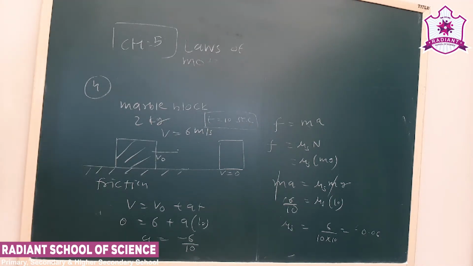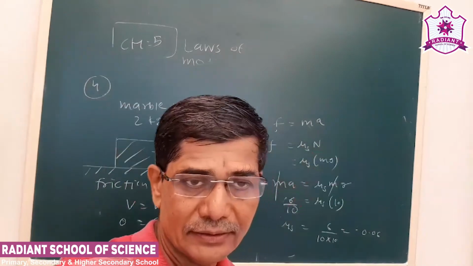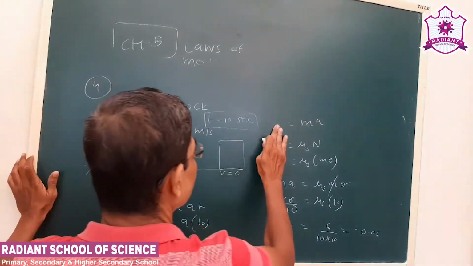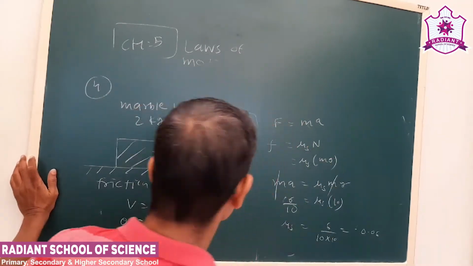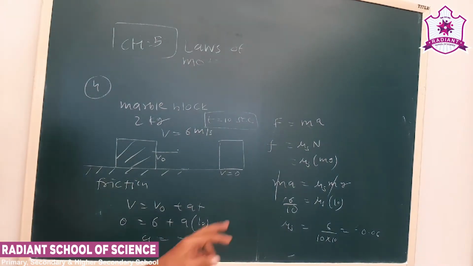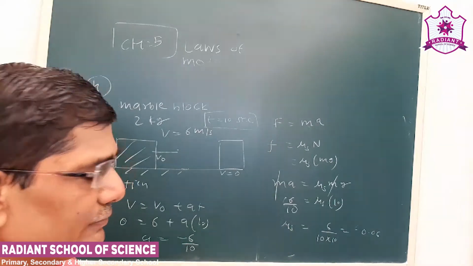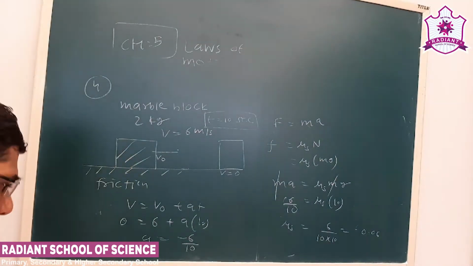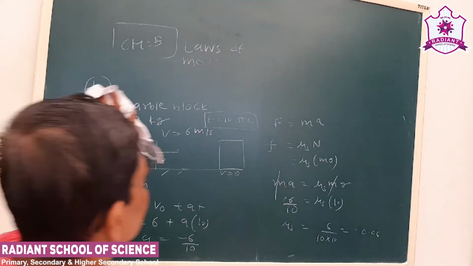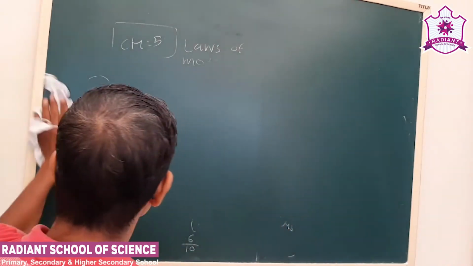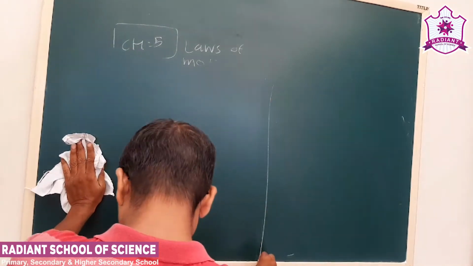Now F is equal to ma, and this should be equal to the maximum friction, mu s into n, where n is equal to mg. If I compare these two forces, we get the coefficient of friction as 0.06. Now see our next question.